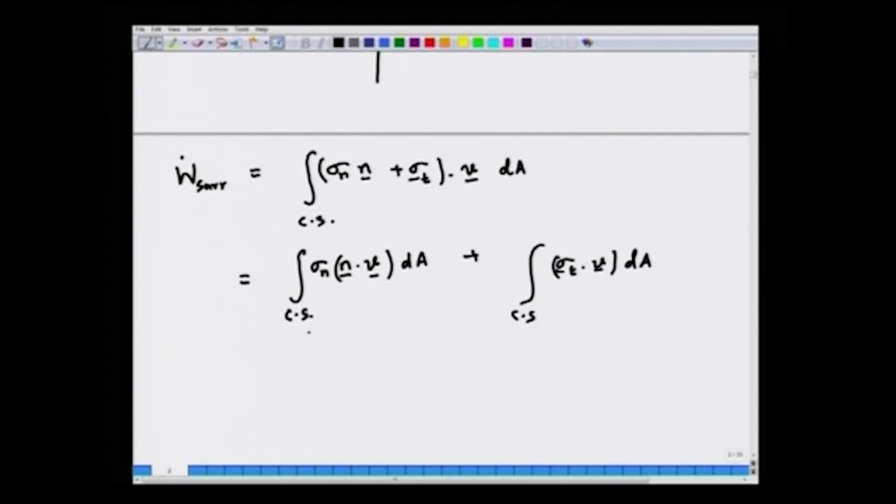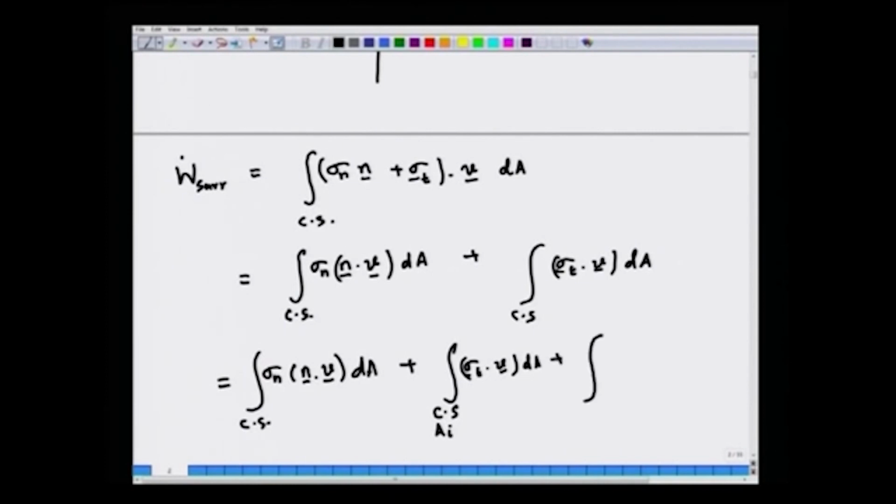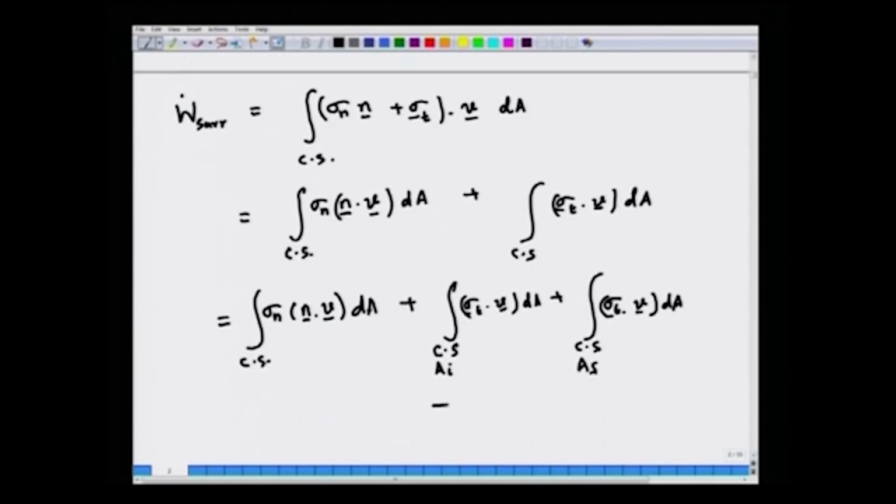Now, let us split this further: sigma n dot V dA plus, splitting the control surface into control surface over internal areas dA, plus control surface over flow areas dA, plus control surface over shaft areas dA.